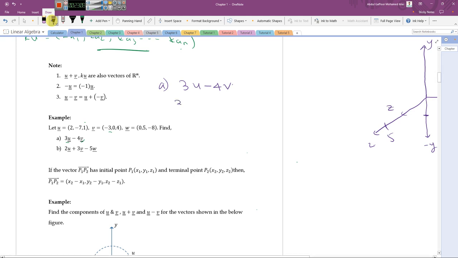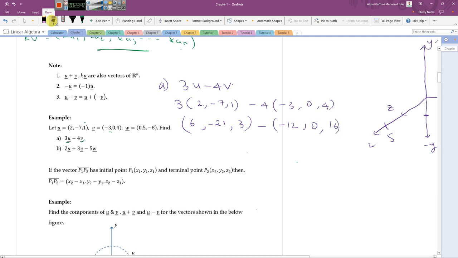Okay, so 3 into u is 2 comma minus 7 comma 1, minus 4 into v is minus 3 comma 0 comma 4. So 3 into 2 is 6, then 3 into negative 7 is minus 21 comma 3, then minus 4 into negative 3 is 12, 4 into 0 is 0 comma 0 comma minus 16.